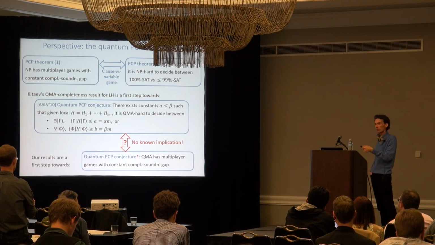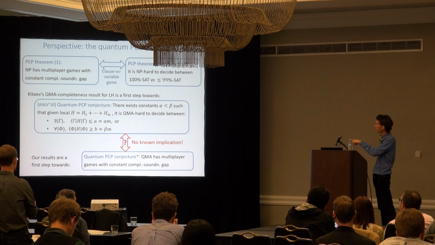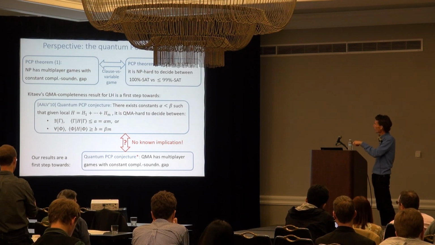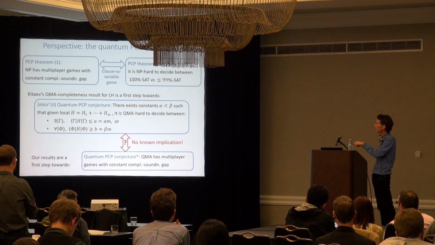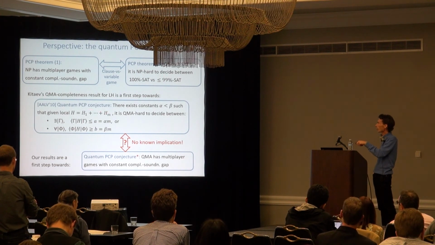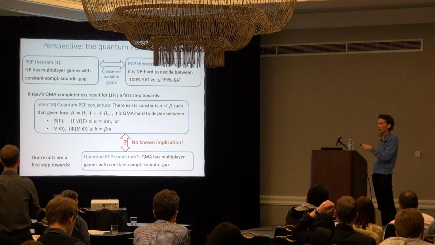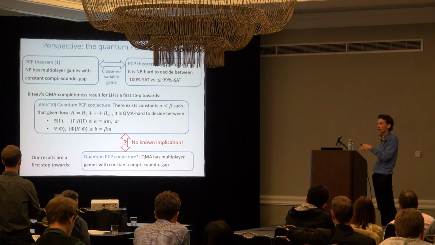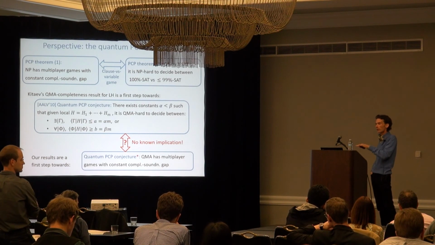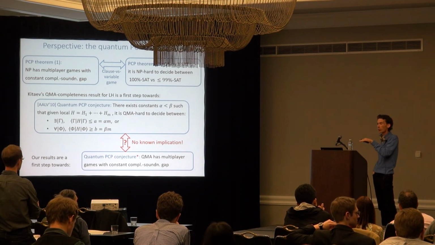What's called the quantum PCP conjecture in the literature is what I'm flashing up here, and that's a quantum analog of this formulation of the PCP theorem. It's saying not only is the 3-local Hamiltonian problem QMA hard to decide, when the promise is that the ground state energy is either, let's say, 0 for QMA1, or a bit above 0, inverse polynomial.